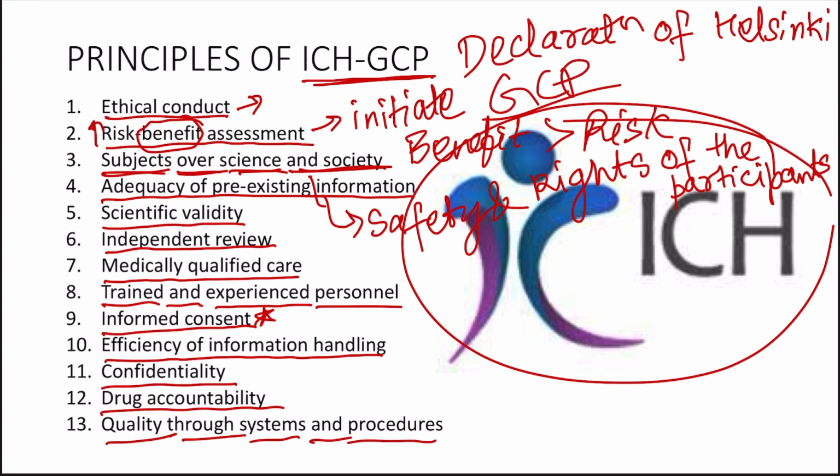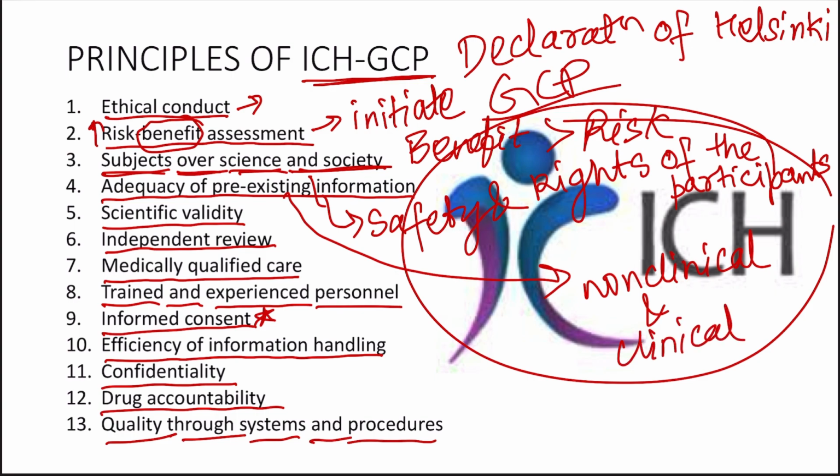Next is the adequacy of the pre-existing information. So what do we mean by adequacy of pre-existing information? It means the available non-clinical and clinical, that is both preclinical and clinical information on an investigational product should be adequate so as to support this proposed clinical trial, and then only we can move ahead with the trial.